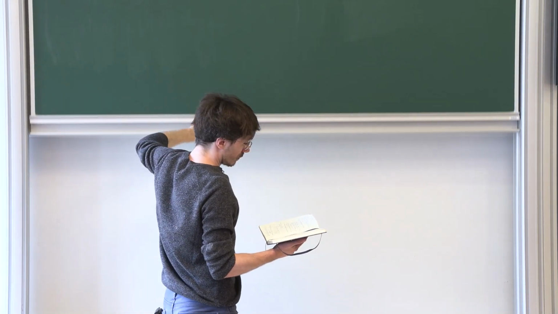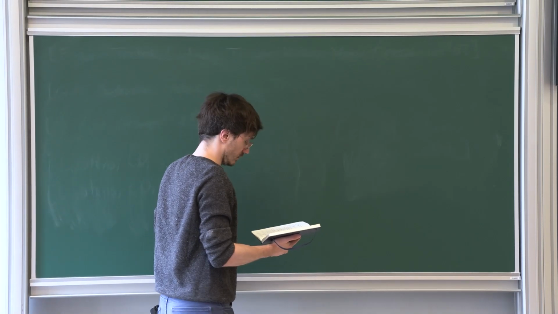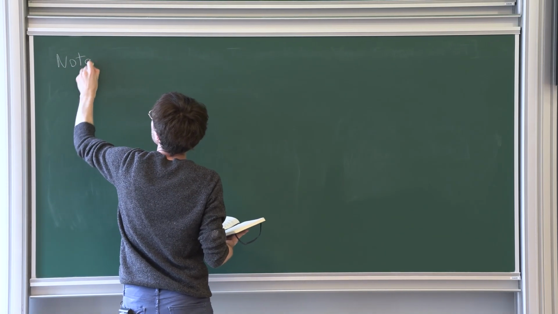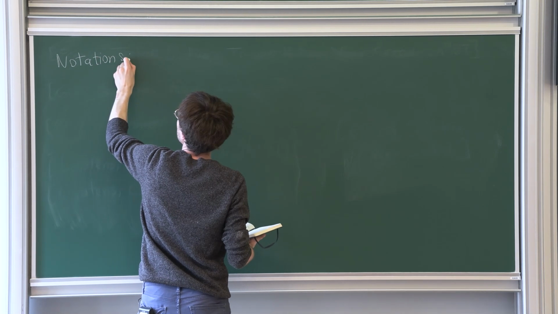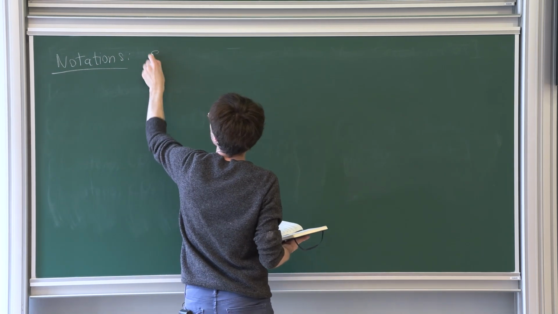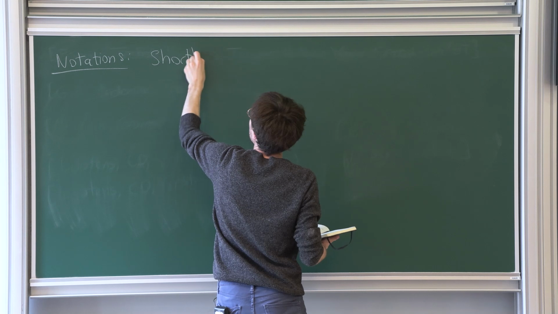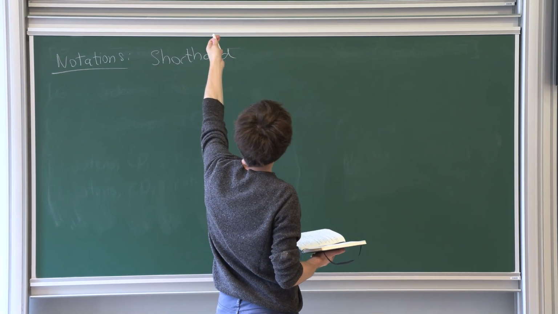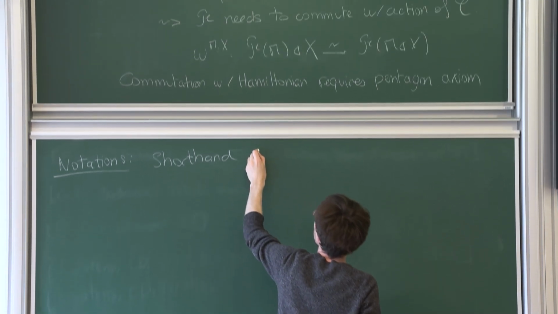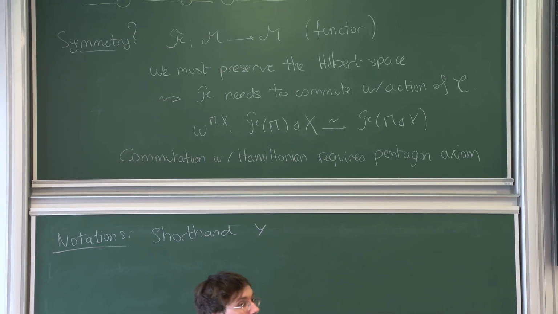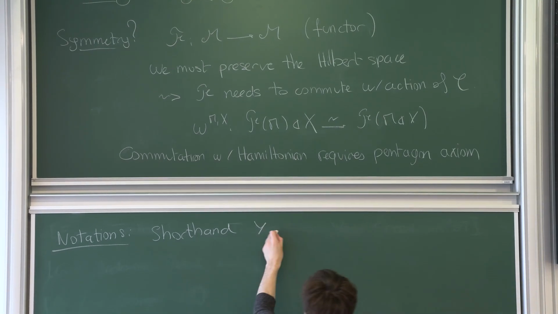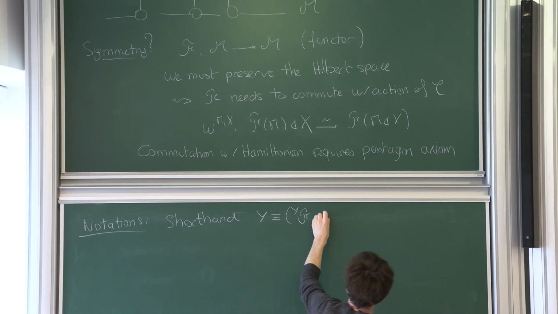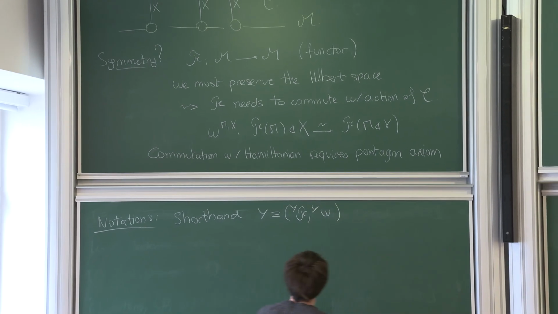And so I need to introduce the usual notations in order to do this graphically. Let me introduce some notations. First I'm going to use a shorthand. I have two things here: I have the F really, and I have this omega. Generally speaking, I'm going to just label this with one kind of object, Y. By Y, I mean some F and some omega.